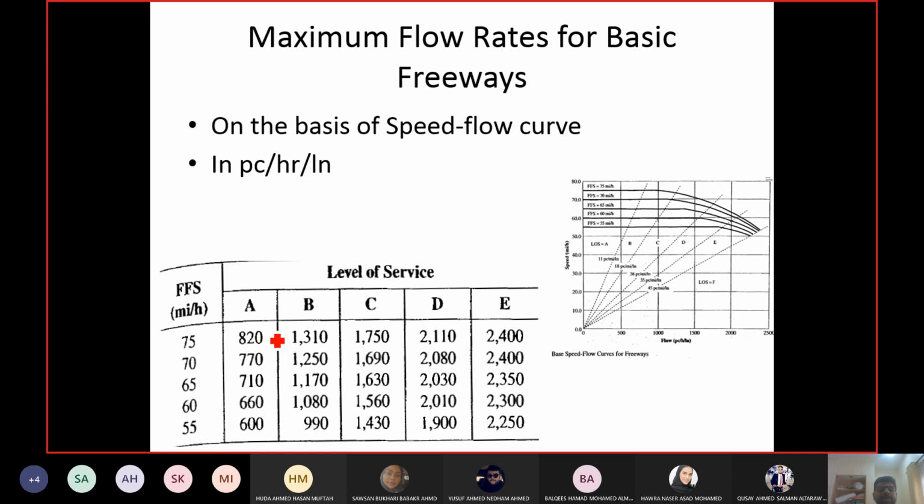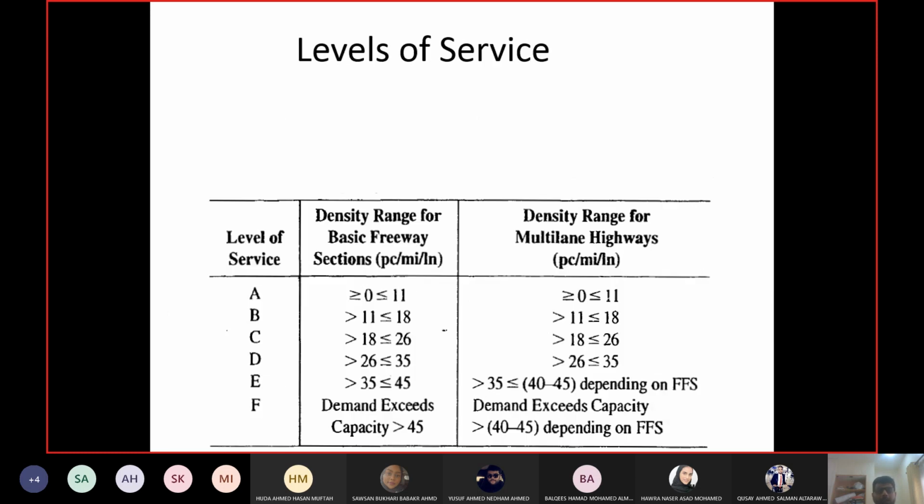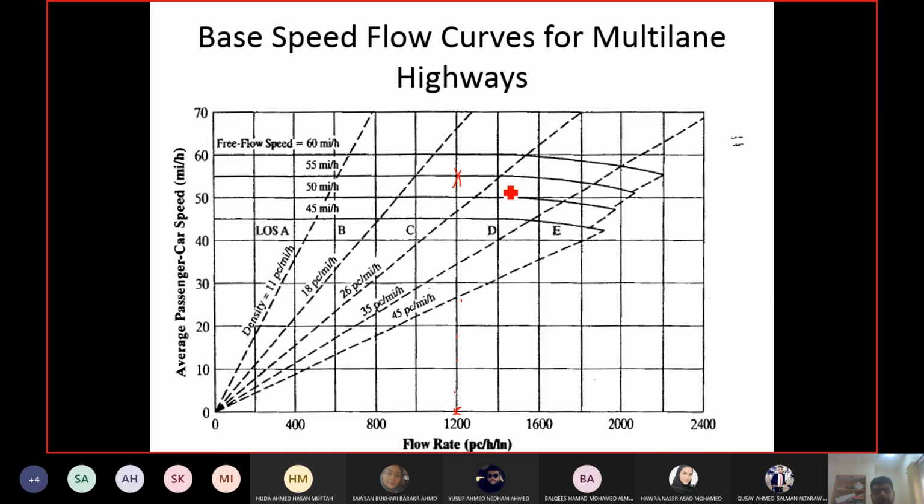So how did I get these values? Suppose this curve is plotted, and now I want the service flow rate for a free flow speed of 60 for each level of service. First, you draw the lines according to the density. The point where the line intersects the curve, you take the flow value, and that is your service flow rate.